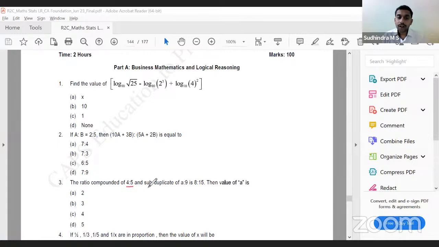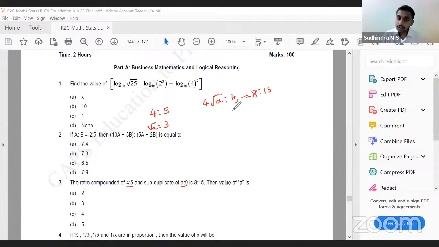Compounded of 4:5 and subduplicate of A:9: subduplicate of A:9 is root A is to 3. So compounding this with 4:5 gives 4 root A is to 5 threes are 15, and I can consider it as 8:15.